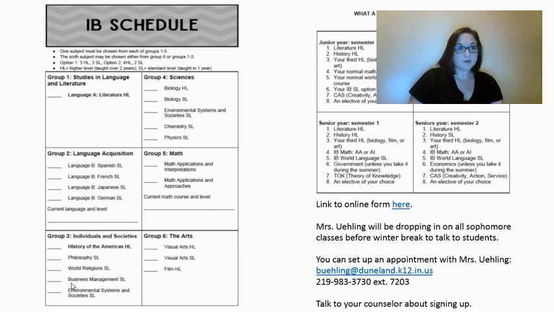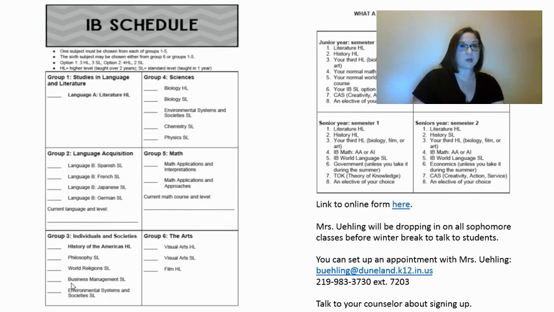In Group 3, we have individuals and societies, and we actually have 5 classes that we offer. History of the Americas is an HL class. It is a higher level class. And we also offer philosophy, world religions, business management, and environmental systems and societies.